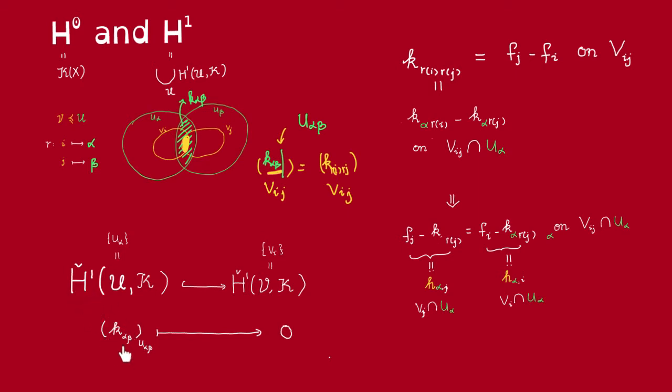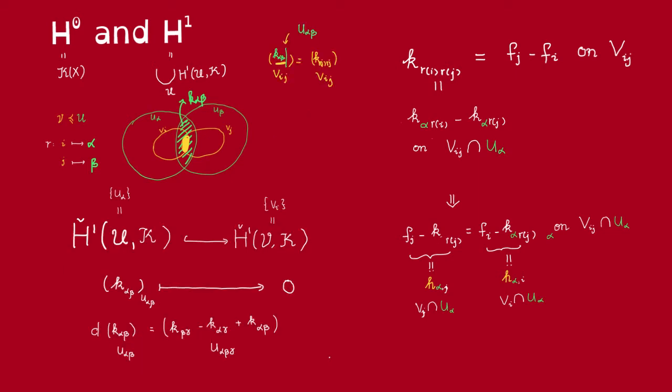So let's review what it means for this to be a one cocycle. Remember, a one cocycle should be in the kernel of this map D, and this map D should send this tuple to a 2 cochain. So we have to choose on each of these triple intersections a section. The section is going to be defined as follows.